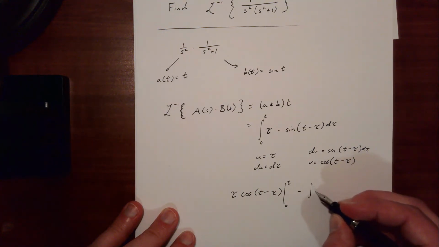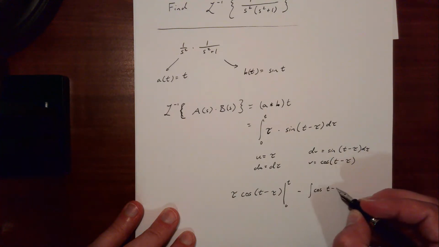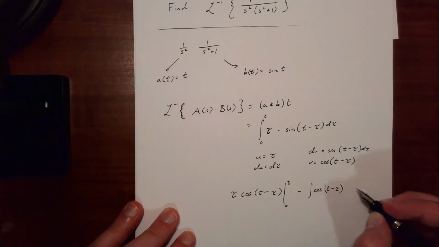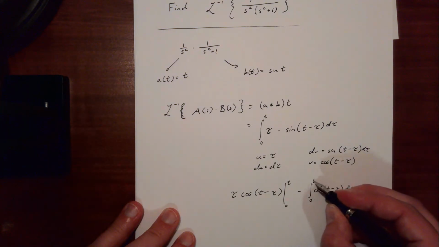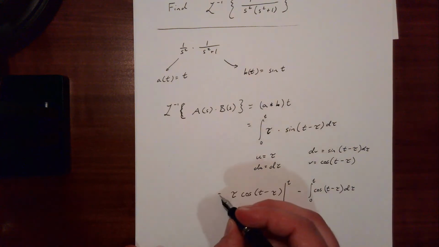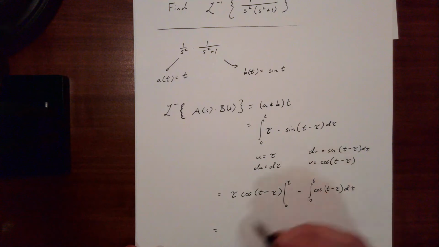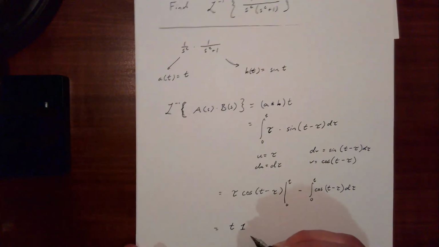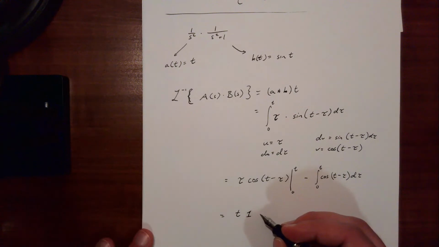So it's going to be the integral of cosine of t minus tau d tau from 0 to t. So what do we have here? Put in a t, it's going to be t times cosine of 0, which is just, in fact, 1. Put in a 0, and it's going to be 0 times something, which is just going to be 0.